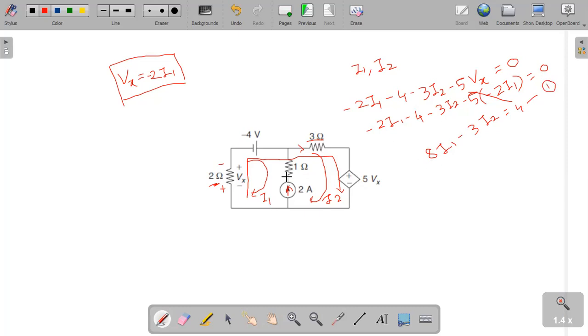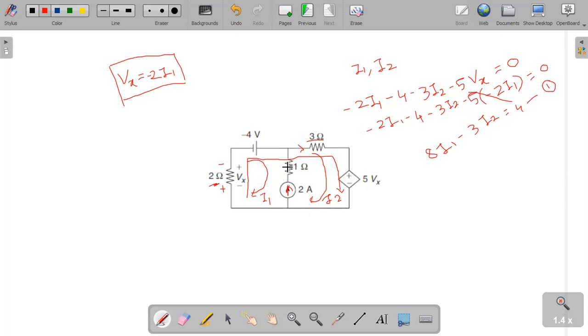As we know, the number of equations should be equal to the number of variables. Here we have two variables, I1 and I2, but we have got only one equation by applying KVL to the super mesh. So we will get the second equation with the help of KCL.